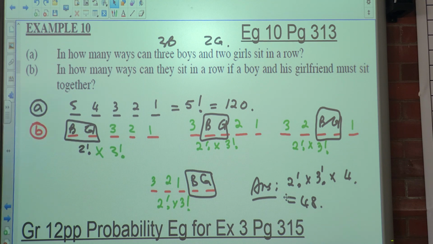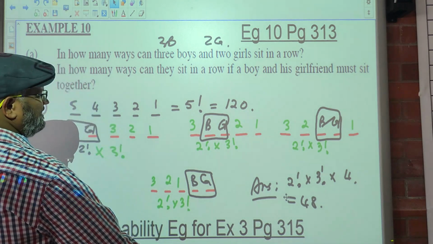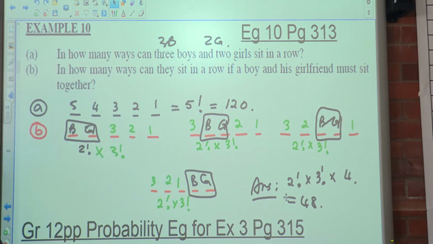But imagine there were now 9 people or 15 people in the room, and this girl and this boy are forced to sit together. Imagine, are you going to go through all this craziness? No. So we must come up with an easier way of looking at this, okay?